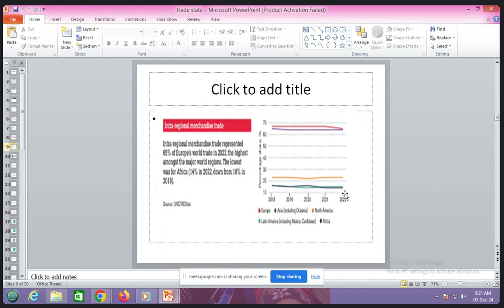So this navy blue line that you can see here is the African region.